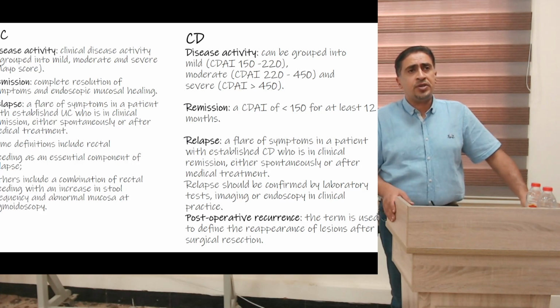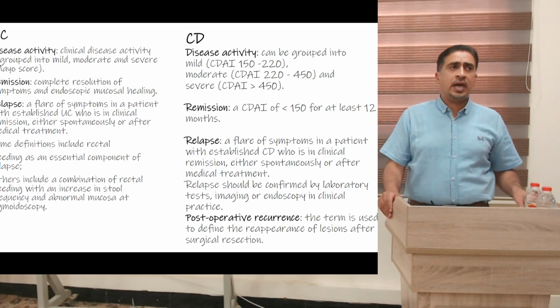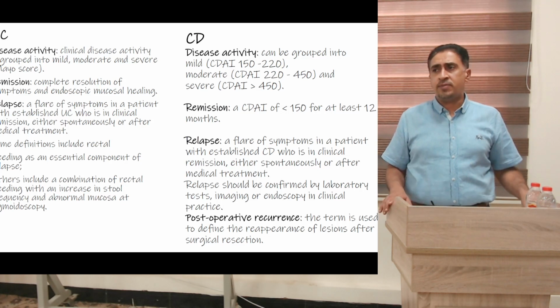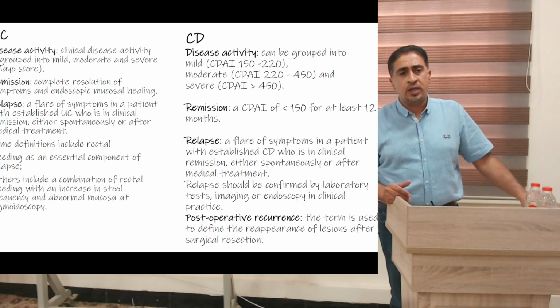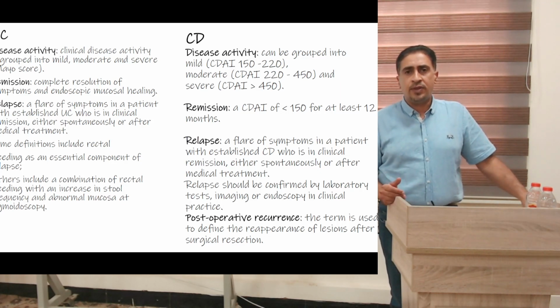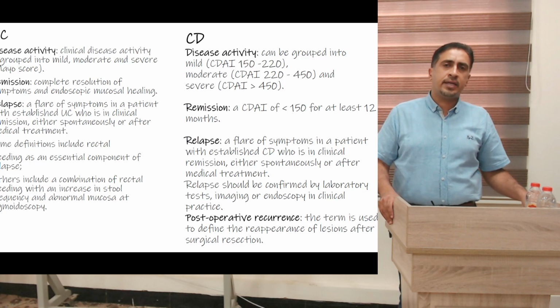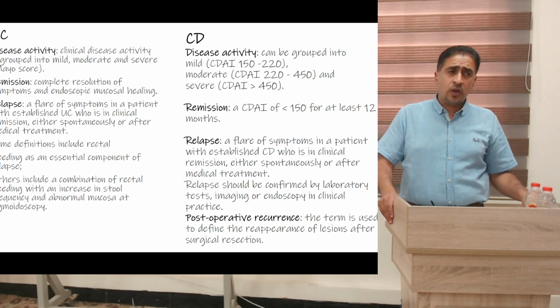When the patient is in remission, we have complete disappearance of the symptoms, which is called clinical remission, and we have biochemical remission when there is normalization of inflammatory markers. We also have what is called radiological remission, endoscopic remission, and histological remission.